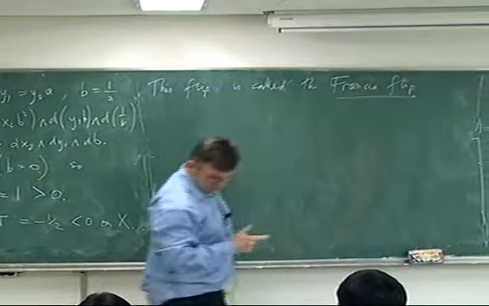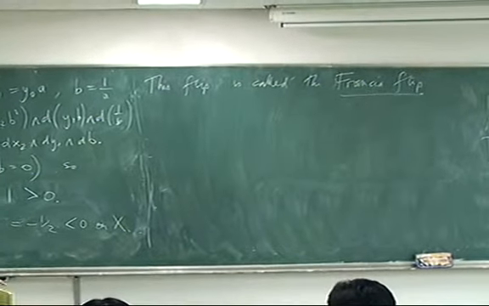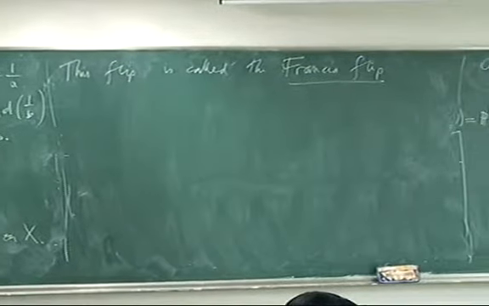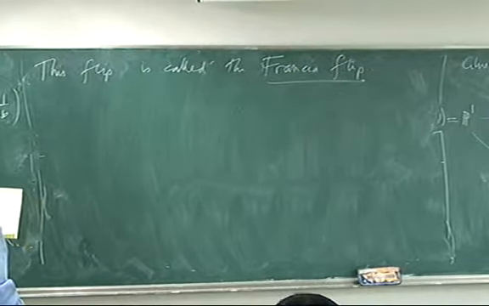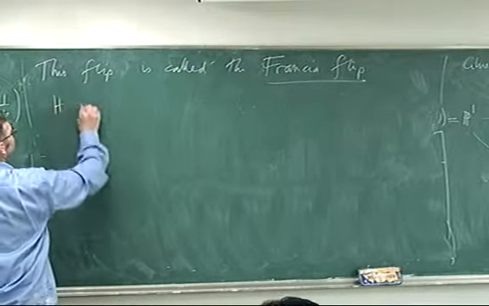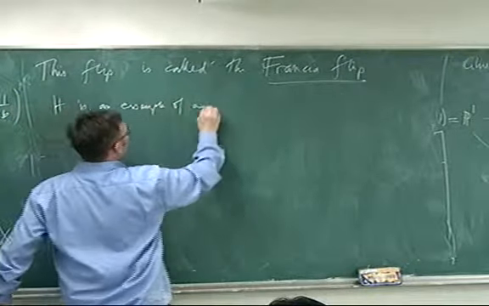This is all done entirely in well-explained, Hartshorne-like classical algebraic geometry, normal bundles and all the rest of it. So it's an example of a toric flip.